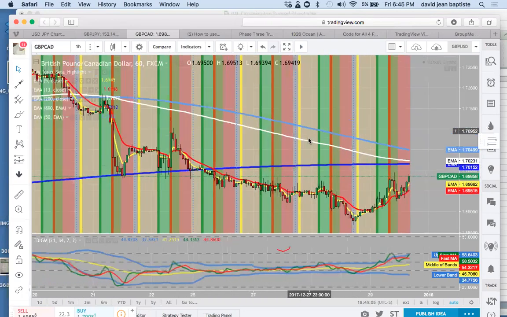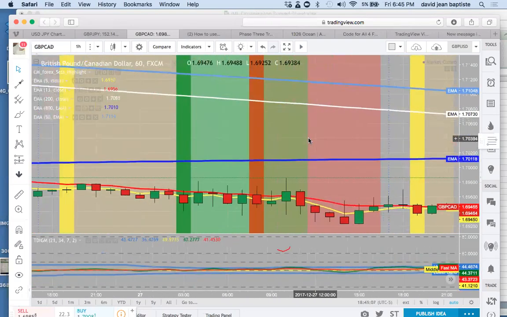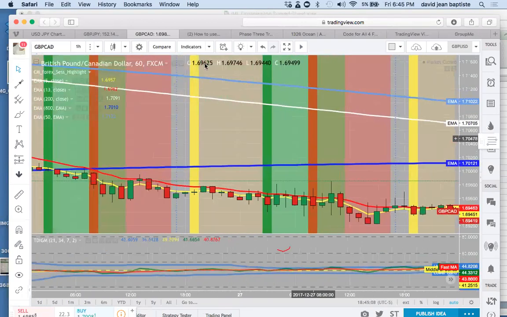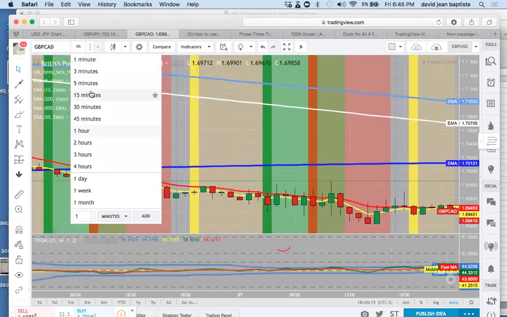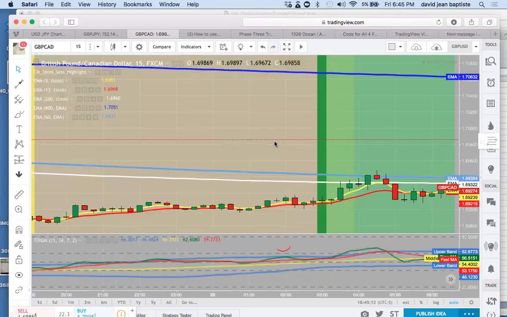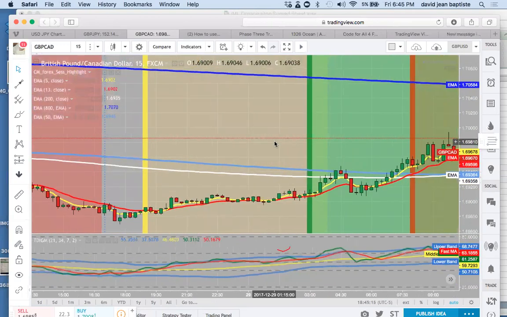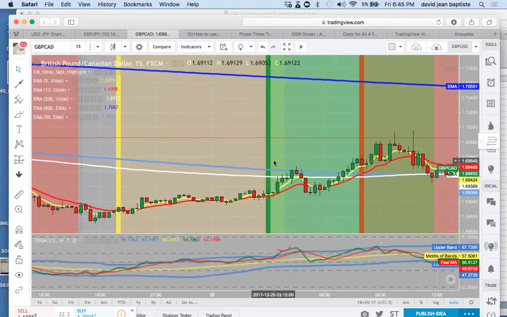And last but not least, I just wanted to explain the yellow, the green, and the red. So I just want to go on the 15. One thing I learned is that at the end of the Asian session, there's always going to be 3 vectors to the low or 3 vectors to the high. And whenever you see 3 vectors to the low or 3 vectors to the high, always look for a reversal.